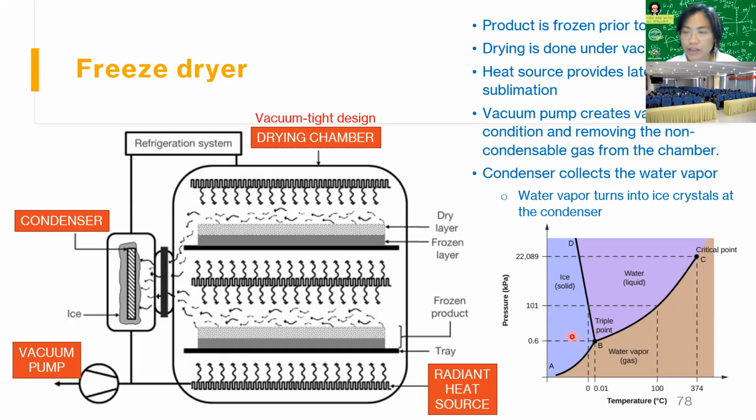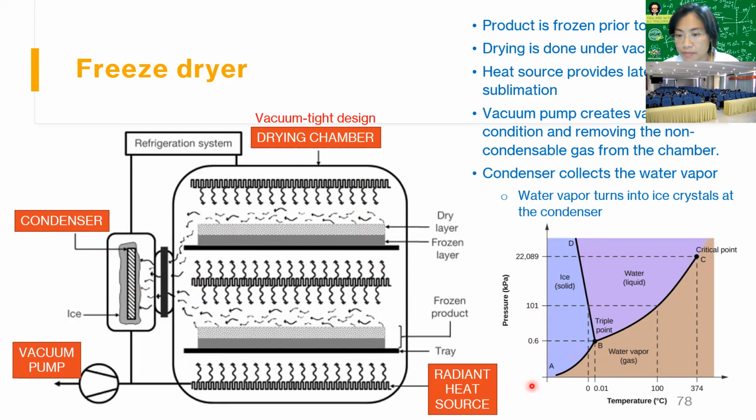Then under vacuum, at low pressure and low temperature, this is a phase diagram, ice will sublime into gas, into water vapor, and then they collect the water vapor here. So it's different: the other one is liquid into gas, but for freeze drying, it is from ice into gas.